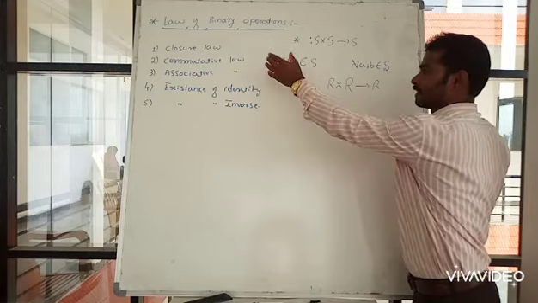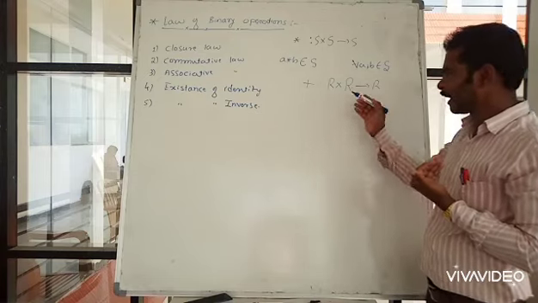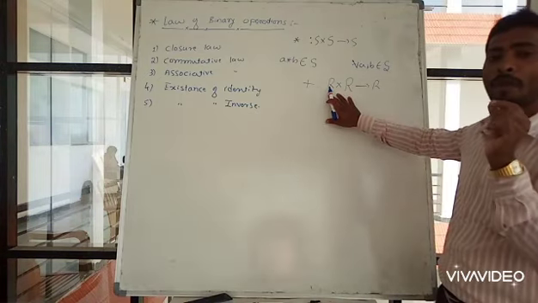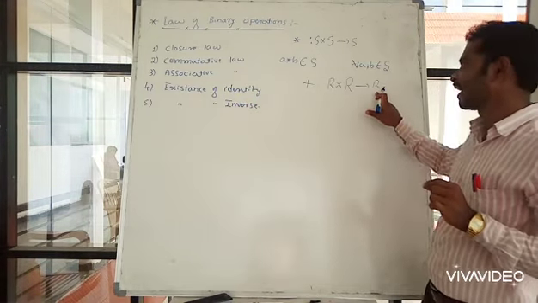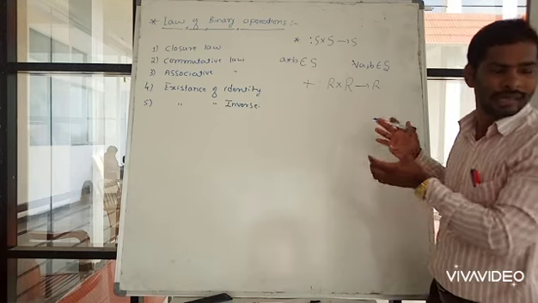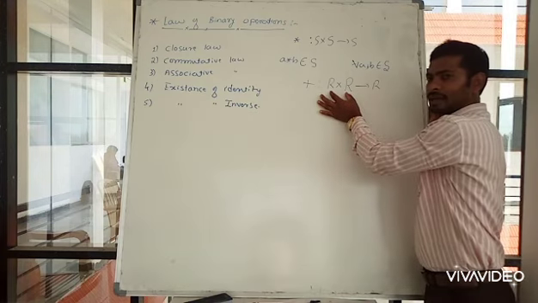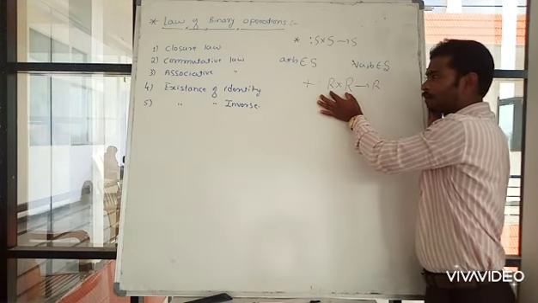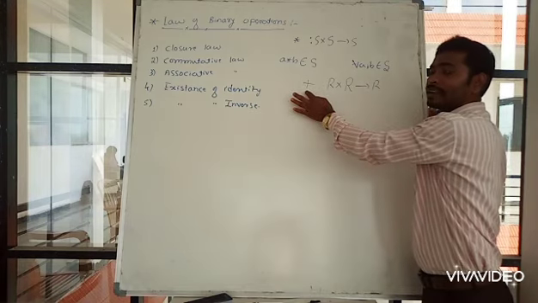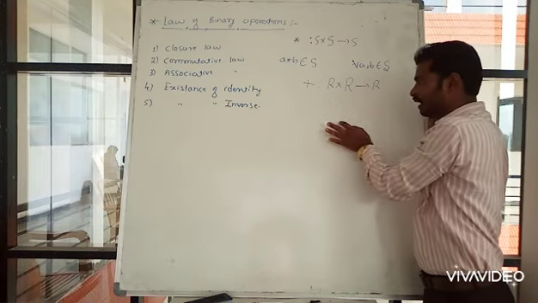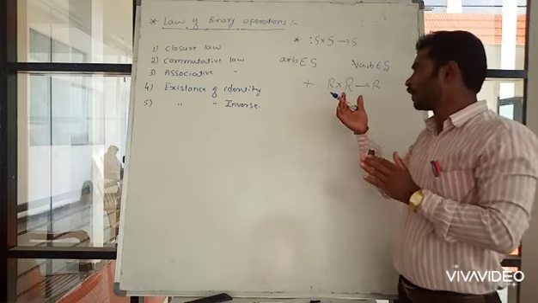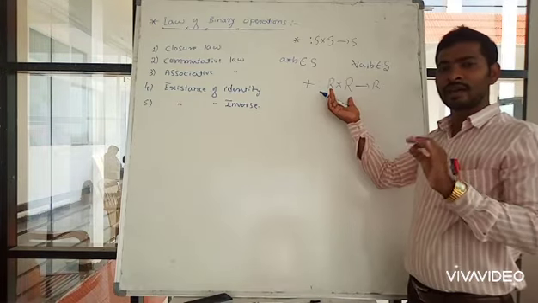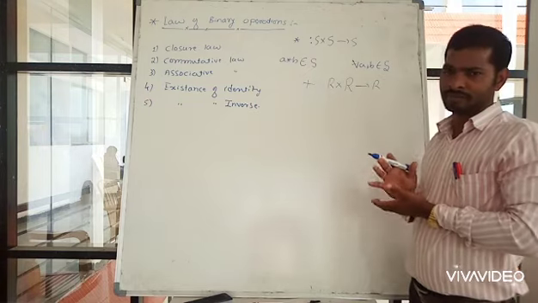This binary operation satisfies the closure law, because if you consider any ordered pair of real numbers under this binary operation, under addition, the result is a real number. It means that the addition of two real numbers is always a real number.